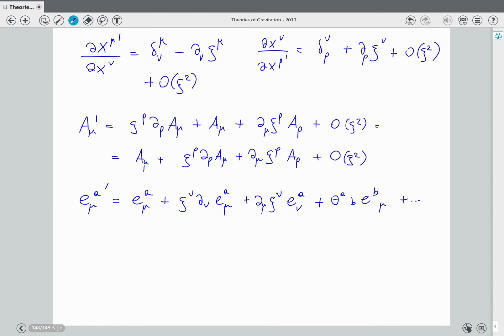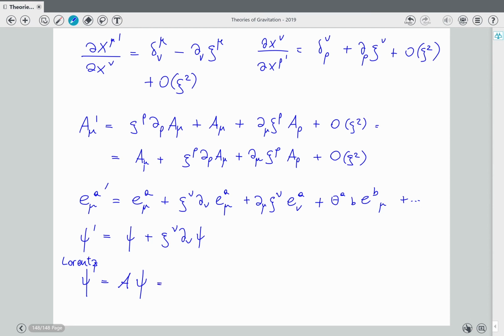What is the transformation of a fermion? Fermion is, first it's a scalar. Under diffeomorphisms it transforms like a scalar. And then there are Lorentz transformations. Under Lorentz transformation we know that psi prime is equal to curly a psi.